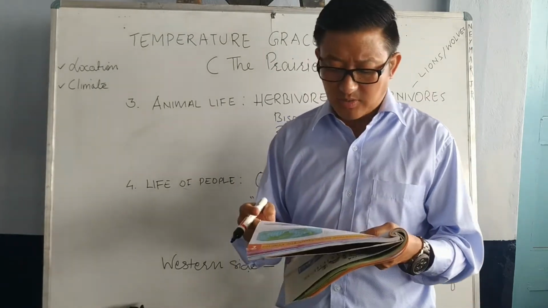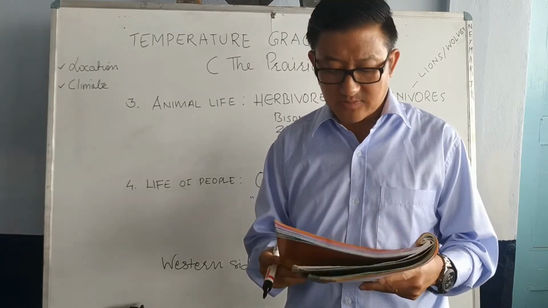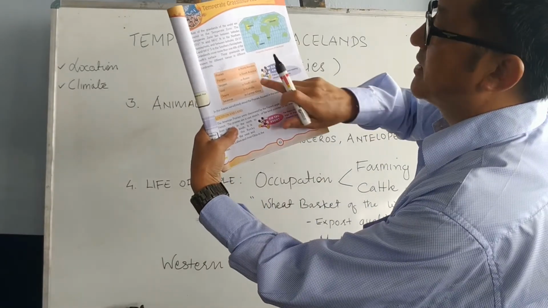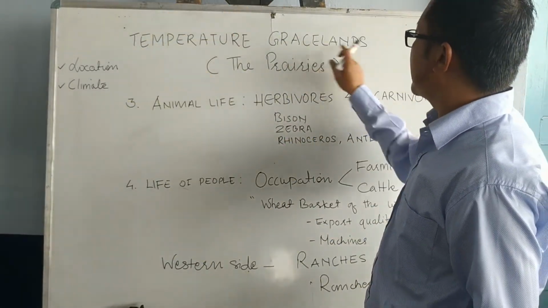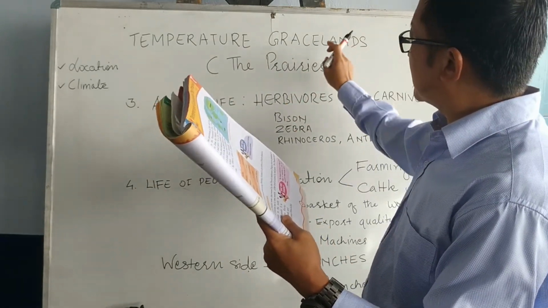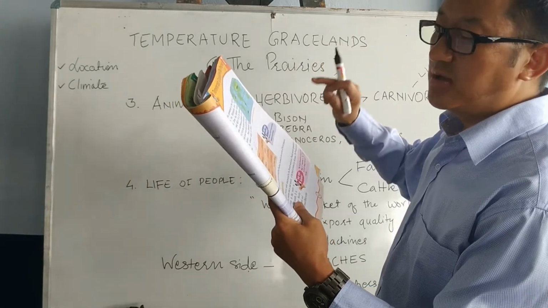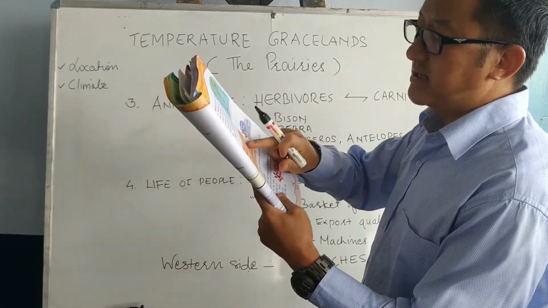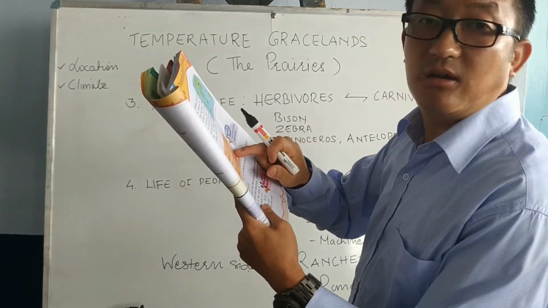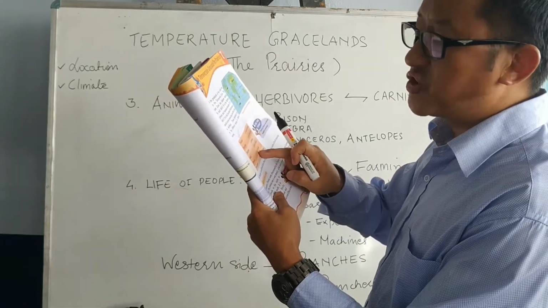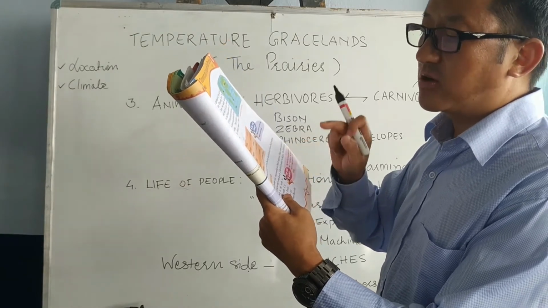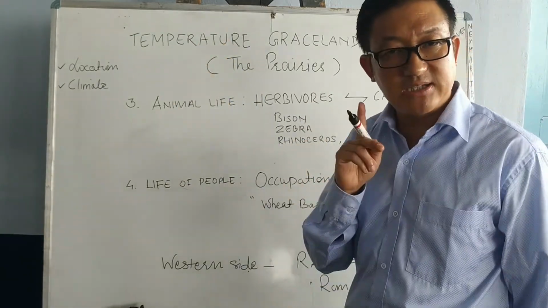Take the first page of this chapter, page number 43, and you will see the list here. In North America, this grassland is called the prairies. And in South America, the same grassland is called the pampas. Likewise, in Russia it is called steppes, in South Africa it is called veld, in Australia it is called downs, and in Central Africa we call it savannas, which we have already studied.